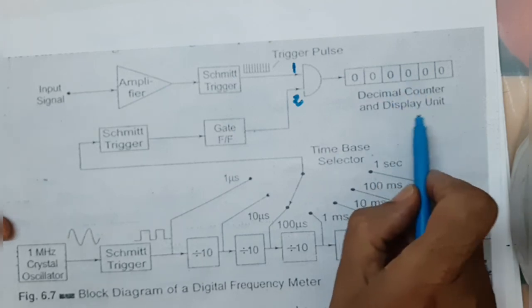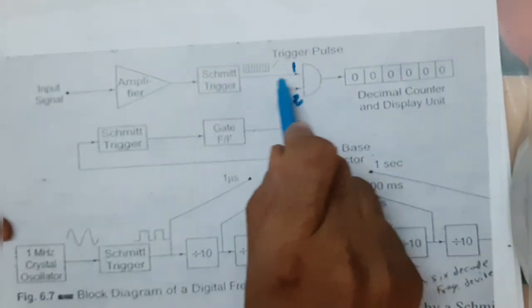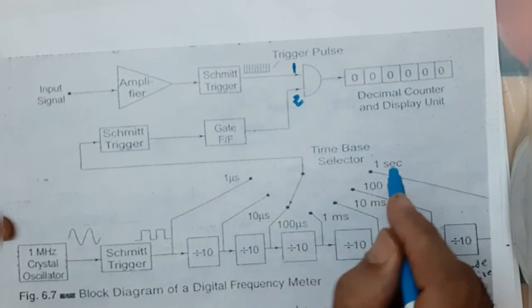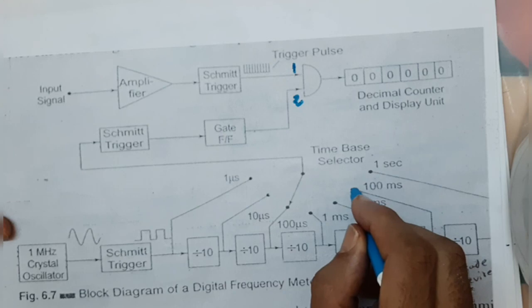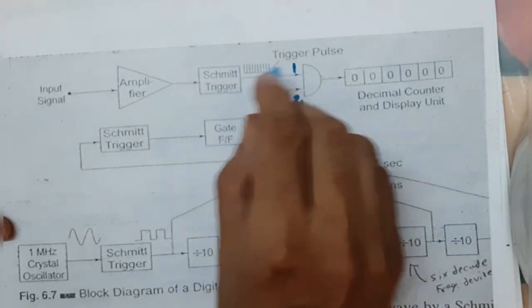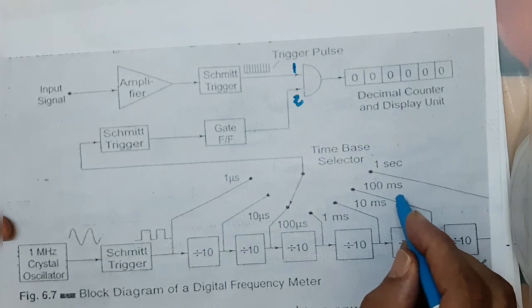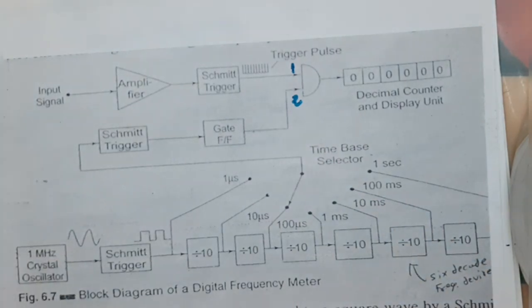That means there is a counter which counts how many pulses pass in this 1 second period. If we connect here instead, it counts how many trigger pulses pass in 100 milliseconds. In this way we have given the idea of the block diagram of the digital frequency meter.